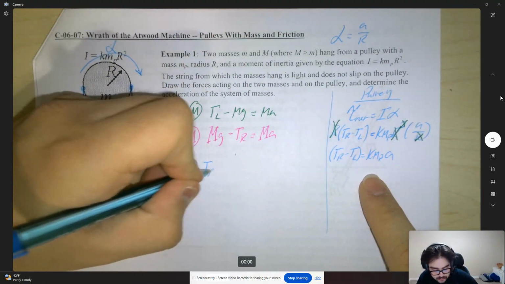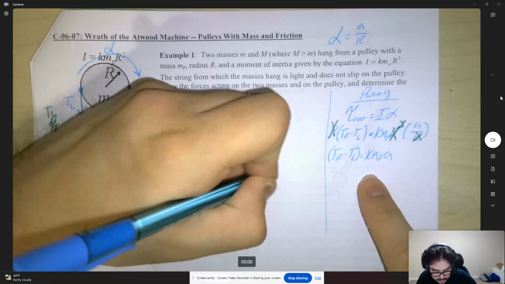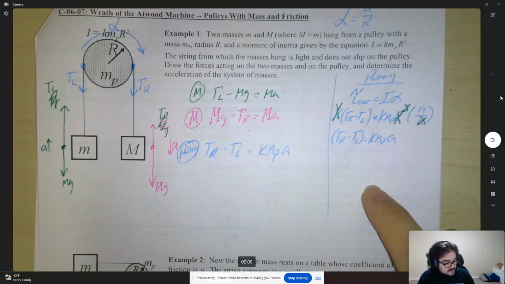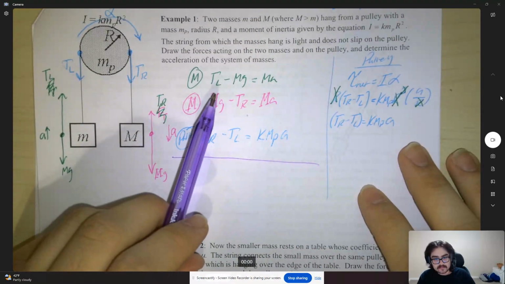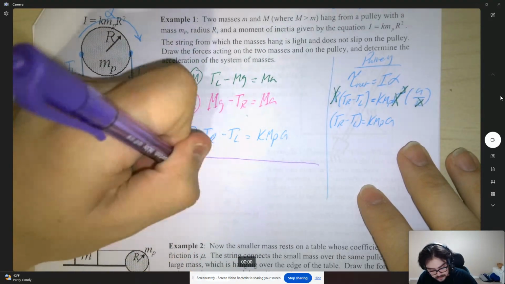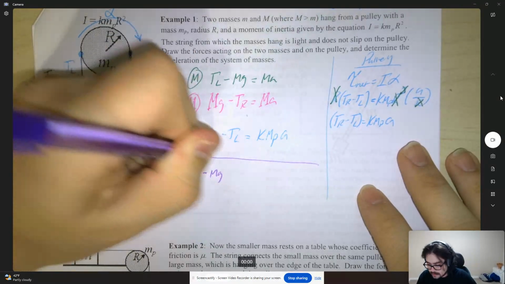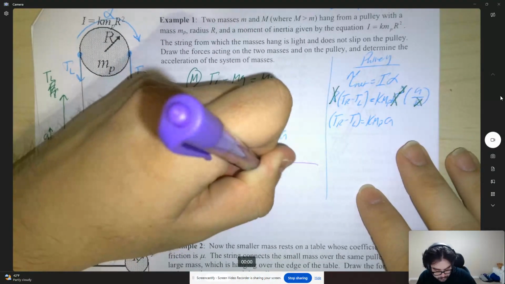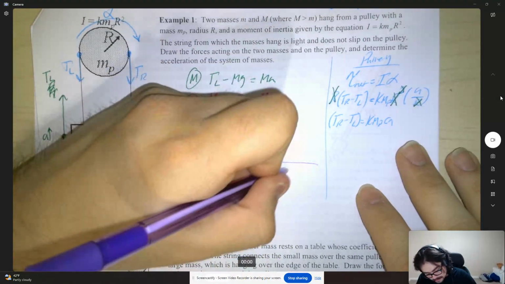So I would do TR minus TL equals K mass of the pulley times A. And then when I combine everything to get my equation for the whole system of masses, I'm just going to take the subtraction of the two masses, mg's, capital Mg minus lowercase mg, equals little m plus big M plus k mass of the pulley times acceleration.